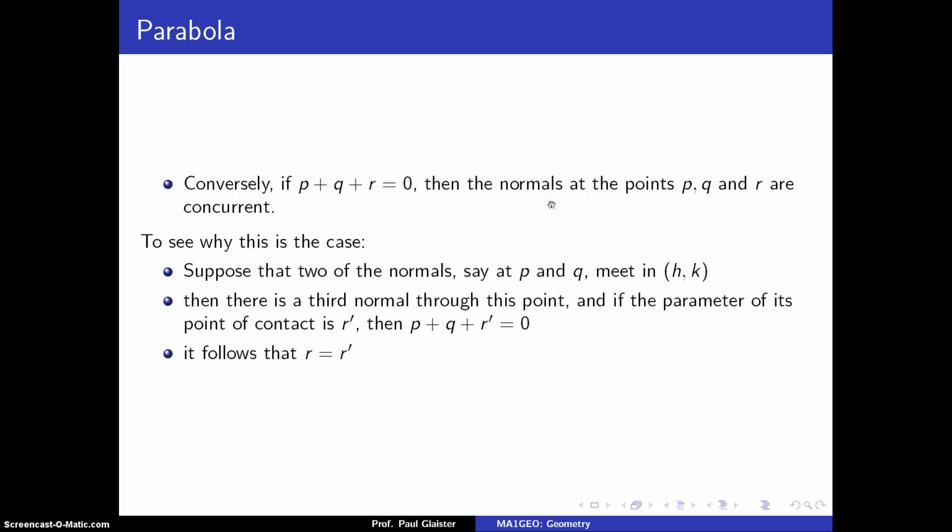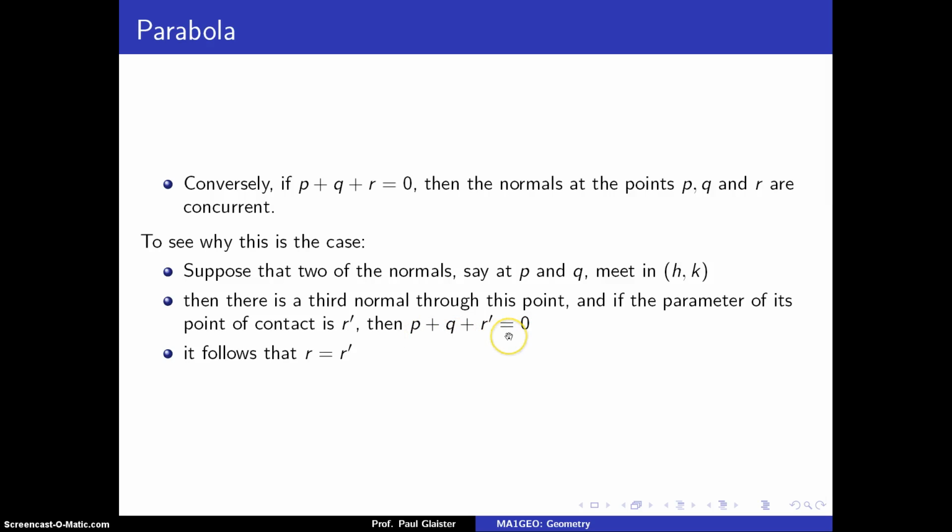Let's suppose we take 2 normals at p and q and assume that they meet at (h, k). Then there will be a third normal through that point, and the third normal through that point might have parametric coordinate, say r dashed. Well, because those 3 normals pass through the point (h, k), then the 3 parameters p, q and r dashed will satisfy the same cubic equation, and hence the sum of those 3 roots has to be 0.